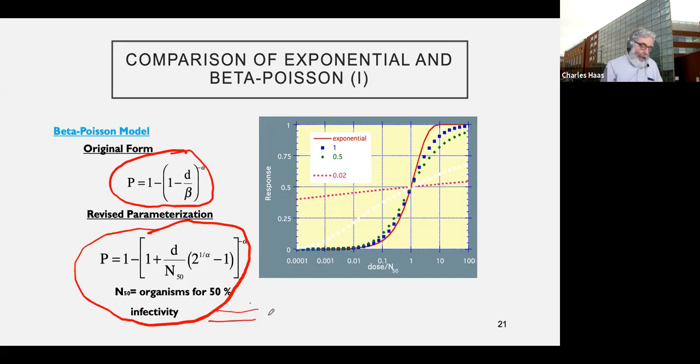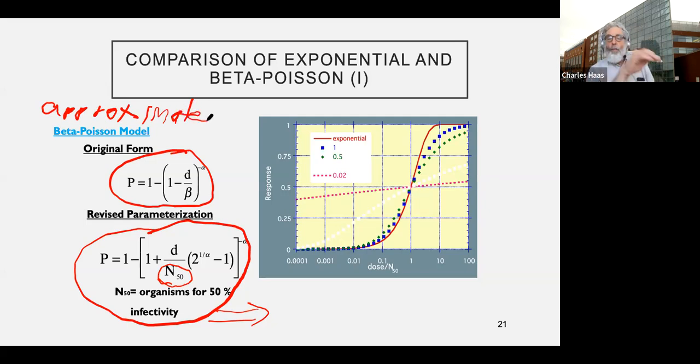Particularly people from the biological sciences find this more satisfying because one of the parameters winds up being the number of organisms, the dose, that gives 50% infectivity. I should also say that this is really an approximate form to the beta Poisson. I won't get into the approximations, but under certain conditions, you need a more exact form, particularly when beta becomes very small.